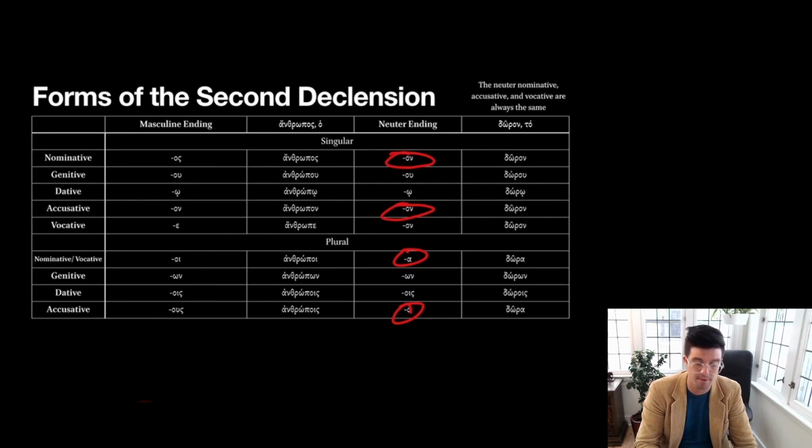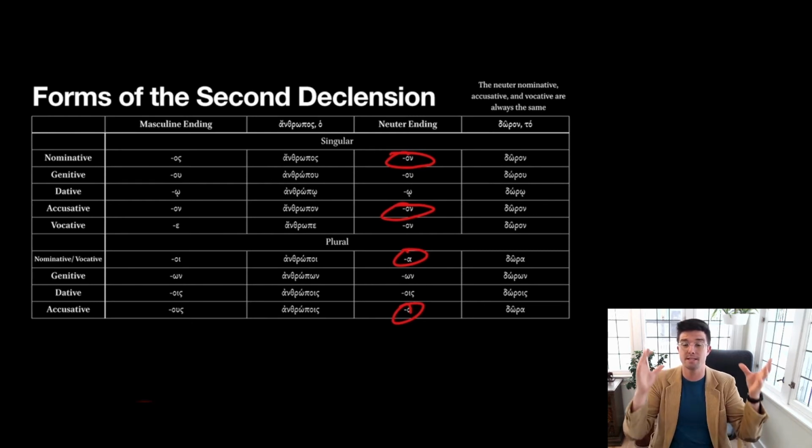These are always going to be the same for second declension nouns, but they don't look identical to one another. So whereas we have oi and ous in the masculine of the second declension nominative and accusative respectively, over here we have alpha and alpha in both the nominative and the accusative. So that's one sort of helpful hint when memorizing this paradigm. I'm going to give you another helpful hint here in just a second for memorizing this paradigm.